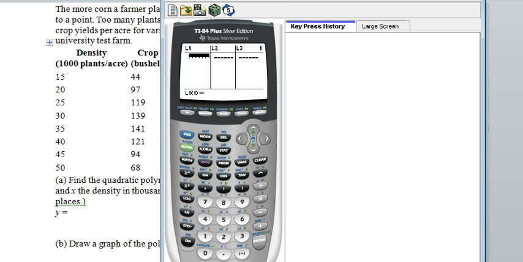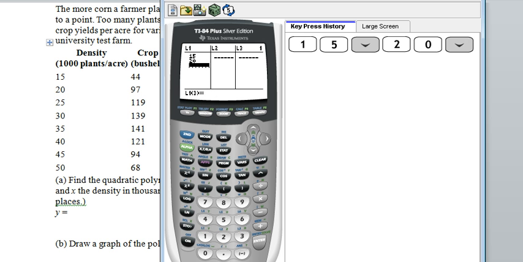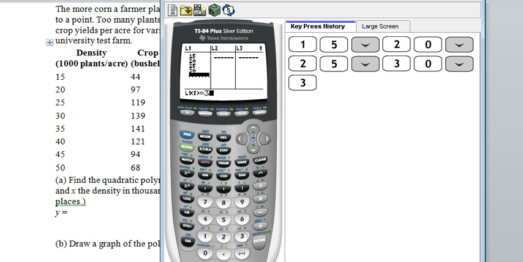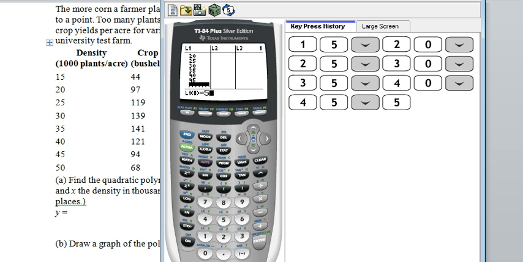I'm going to enter the numbers from 15 up to 50 in steps of 5. So 15, down arrow, 20, 25, 30, 35, 40, 45, 50.